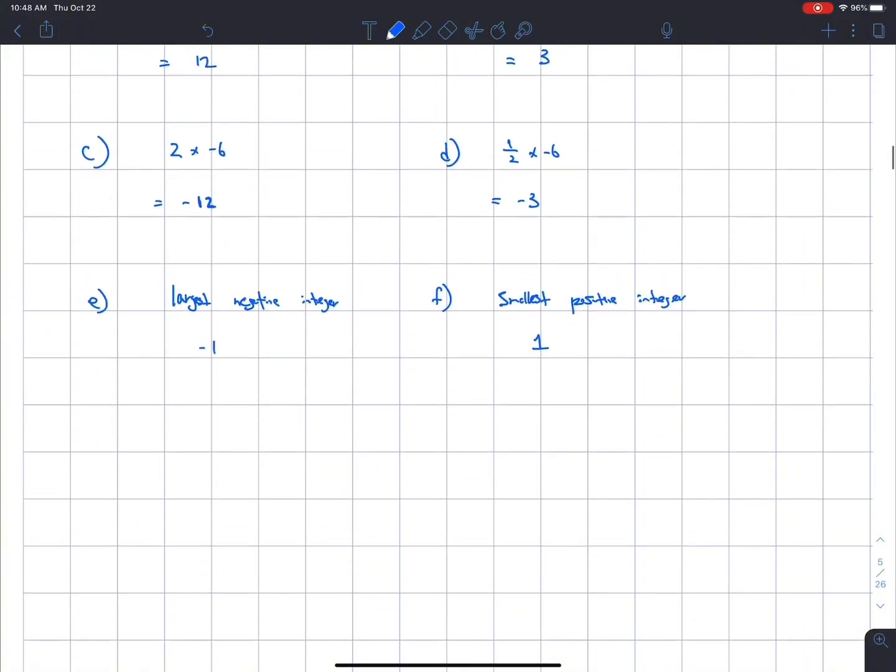For integers, G, the smallest negative integer, this one is, we don't really know what the smallest negative integer is, right? Someone can say -1000, and then someone can say -10,000, someone can say -1 million, and it just keeps on getting smaller and smaller. So you can either use the word infinity.